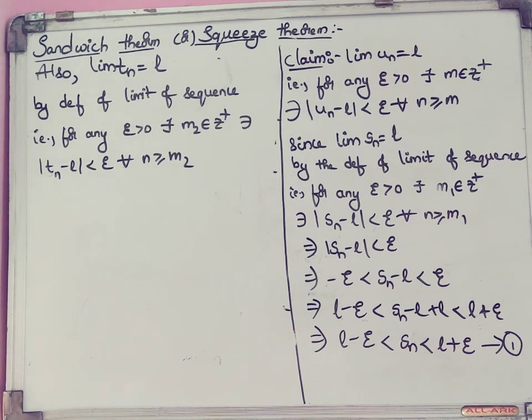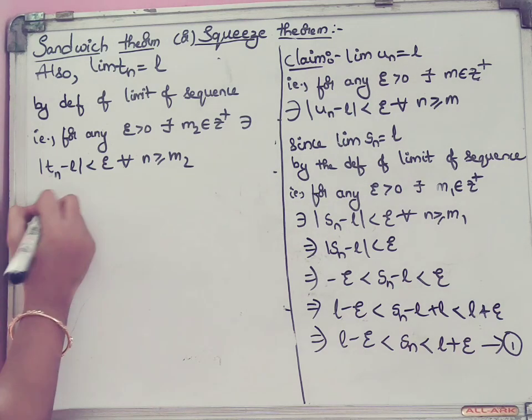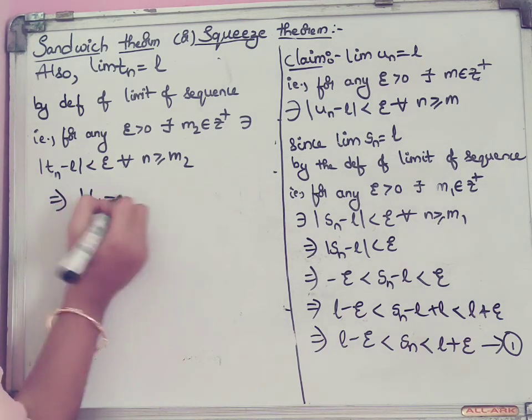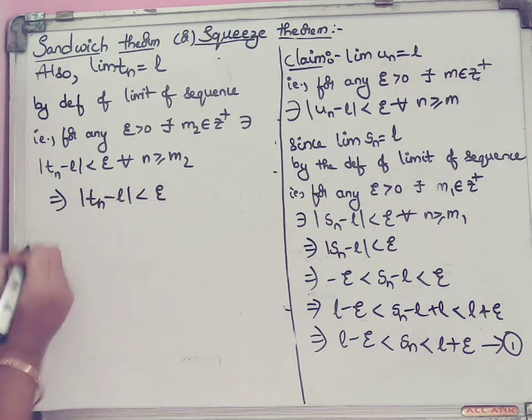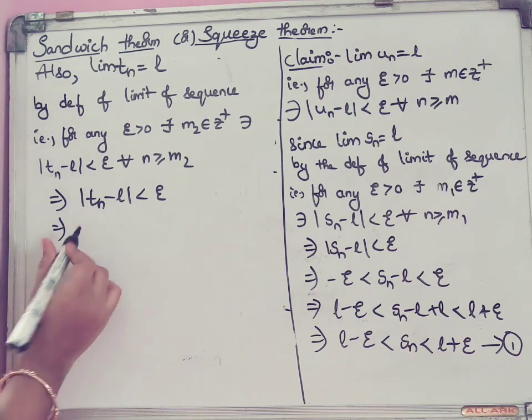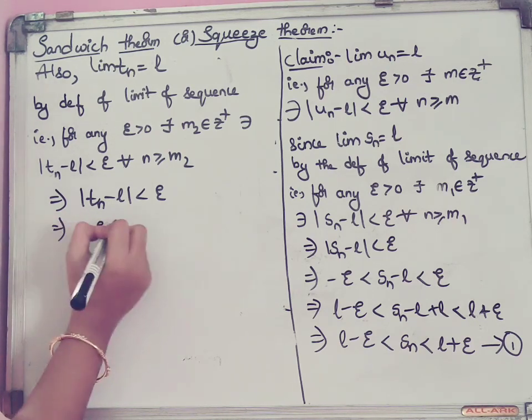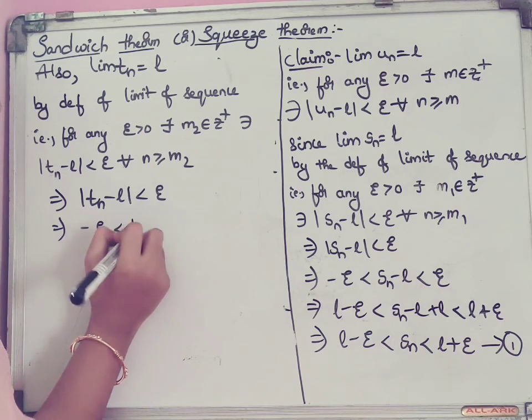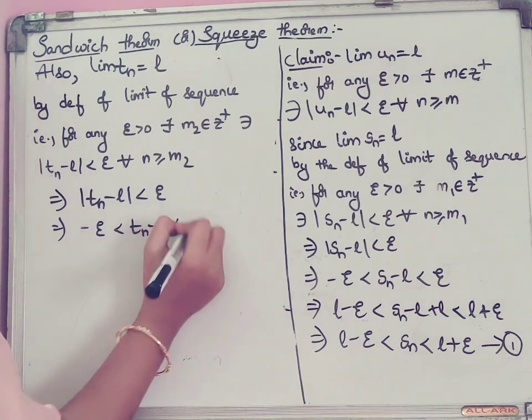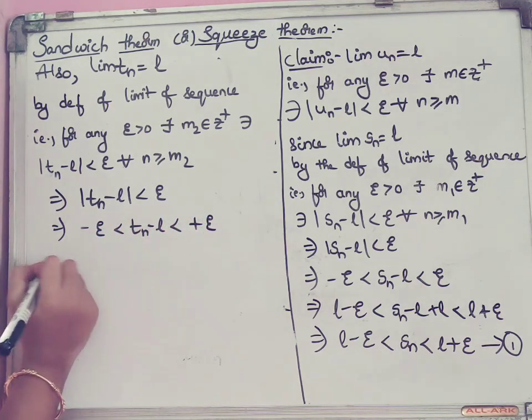Okay. Next, see here. What is the definition here? Limit of a sequence. From this we can write mod Tn minus L less than epsilon. Again by the modulus condition, what we need to write here? Minus epsilon less than Tn minus L less than plus epsilon.